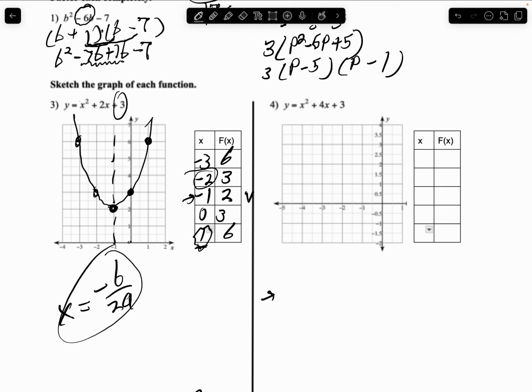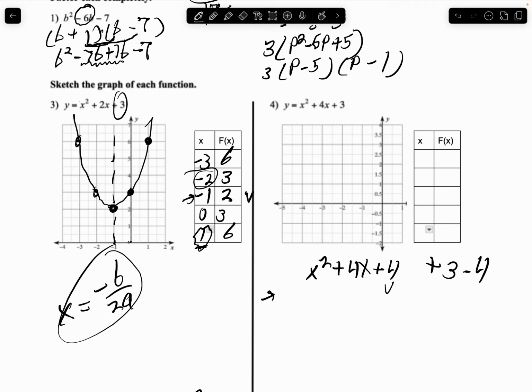But we also learned to complete the square to get the vertex form. So x squared plus 4x, which is part of the function. I'll put the +3 over there. Half of that is 2. Square it, you get 4. If I add 4, I have to take away 4.